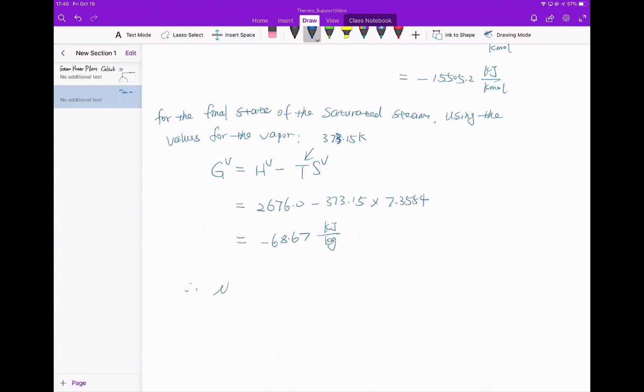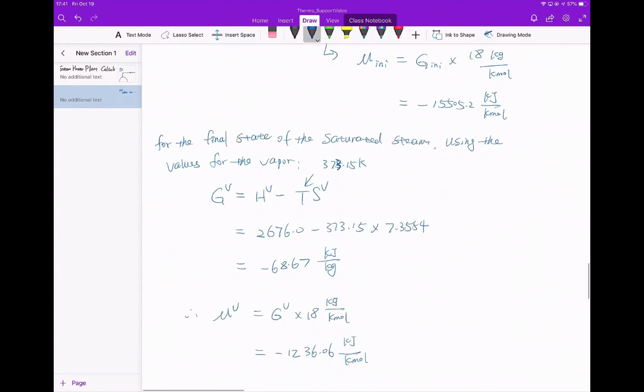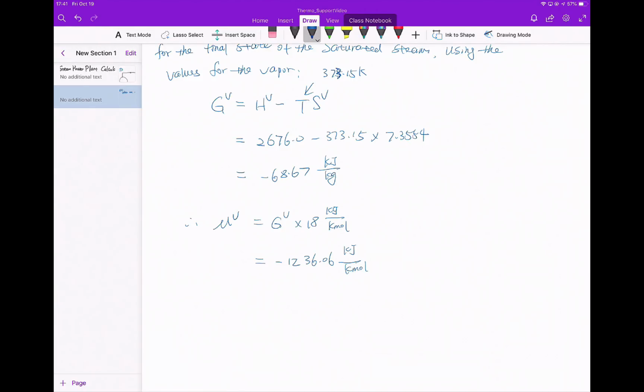We convert that into mu of this vapor, which is G of the vapor times 18. Okay. So now when you go back to the equation, we have all the values we would need.